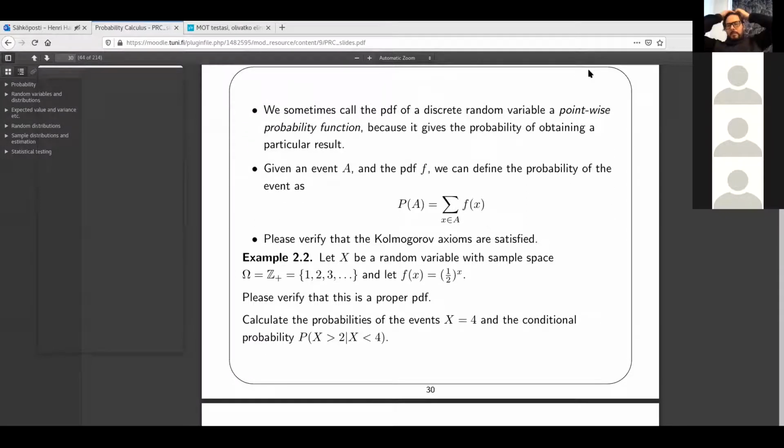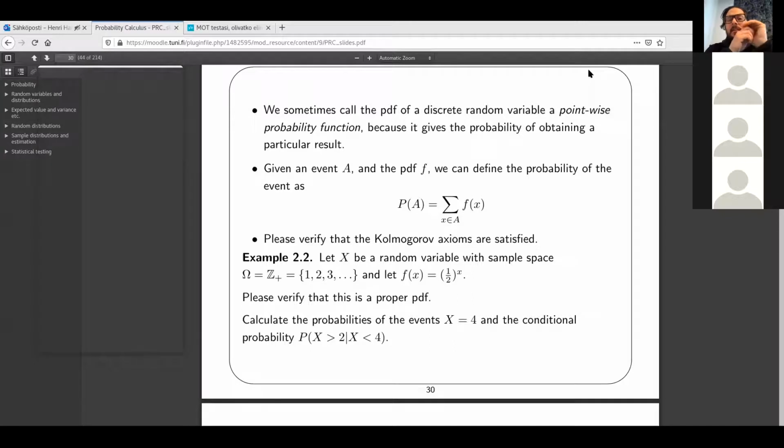Sometimes this probability density function is called the pointwise probability function, because in the case of discrete variables, the function actually gives you the probability of each point. It's a bit different for continuous variables, but for discrete variables, this is the way we can think of it, as the pointwise probability function.